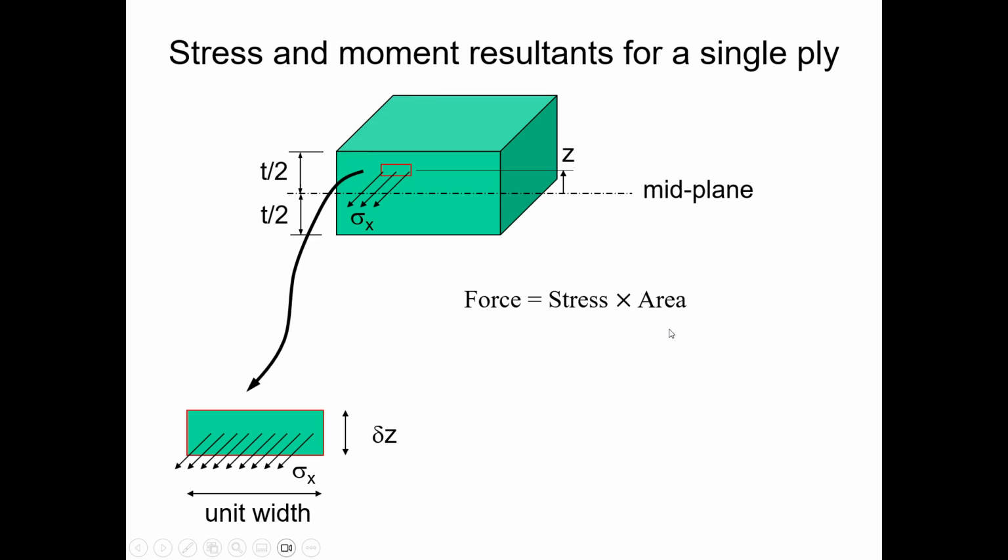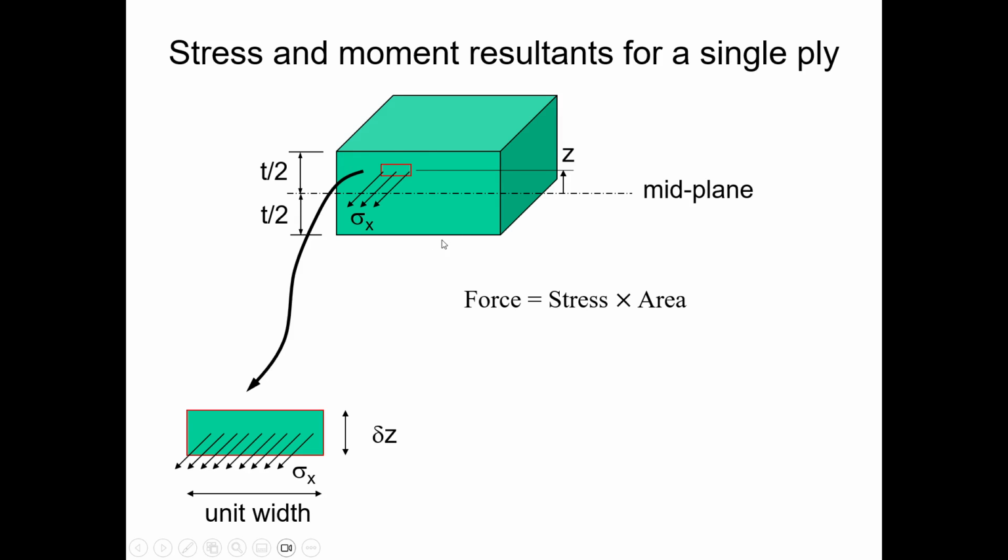Now let's look at simple equilibrium conditions. For example, this is the bilayer structure. We just look at actually a single layer structure. Even a single layer has a middle plane.